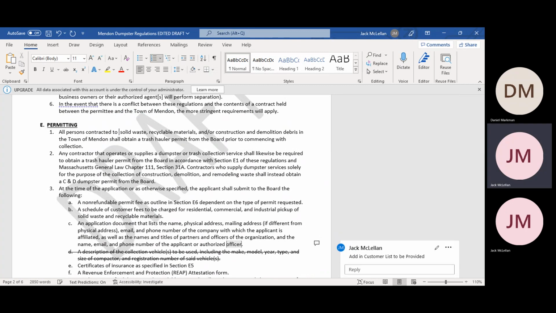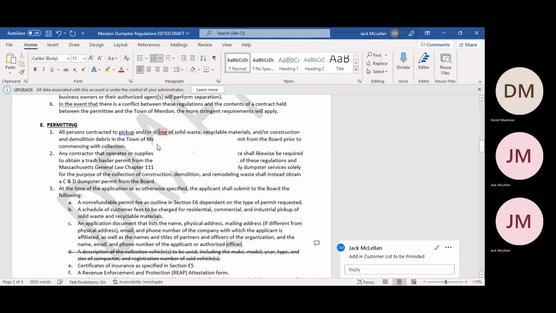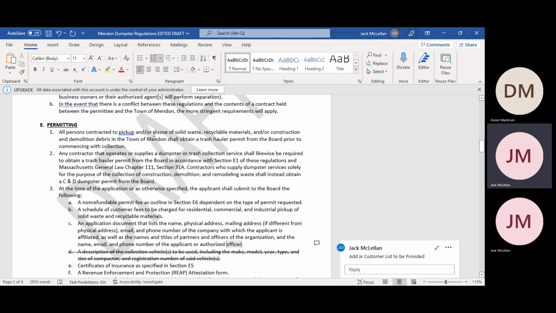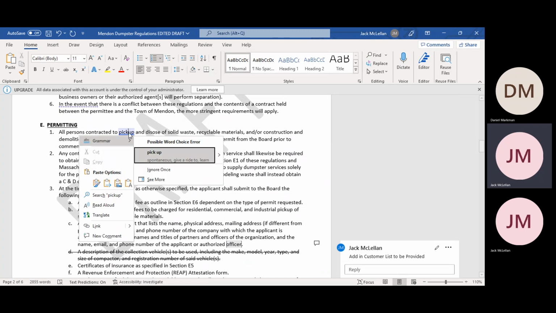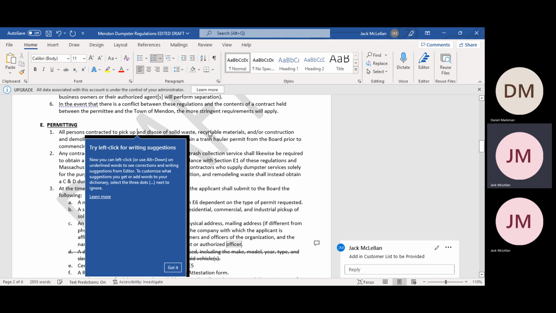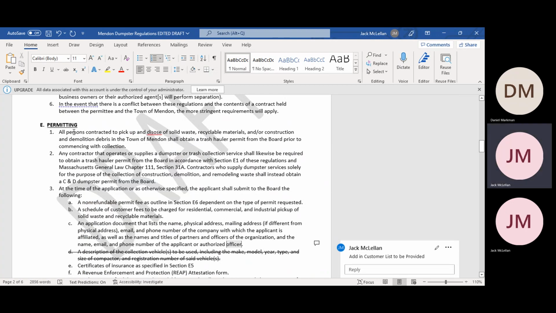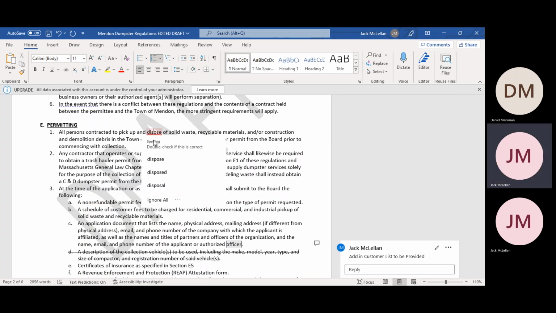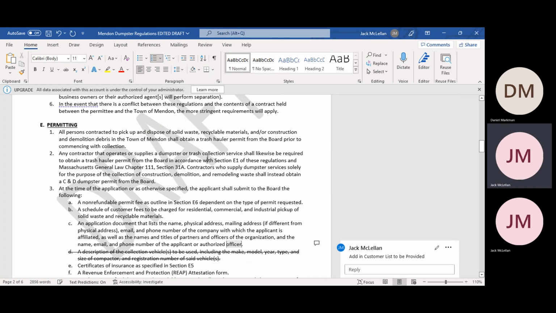I could see that. Since we're really focusing this permitting toward the entities providing these dumpsters and not the residential people themselves. Technically, as a resident, so the phrasing might be something like, all persons contracted to pick up and dispose of solid waste, receptacles, etc.